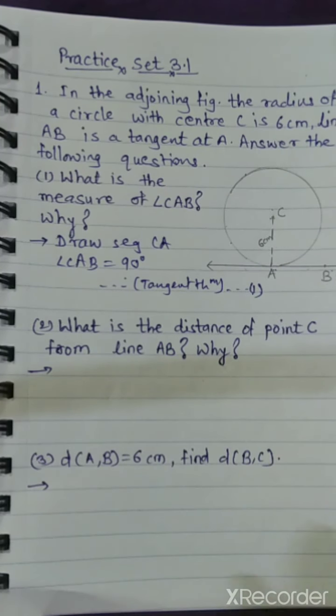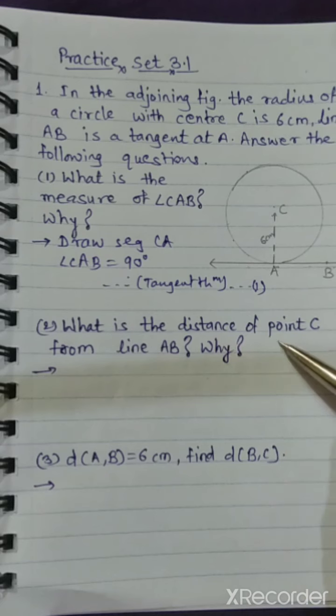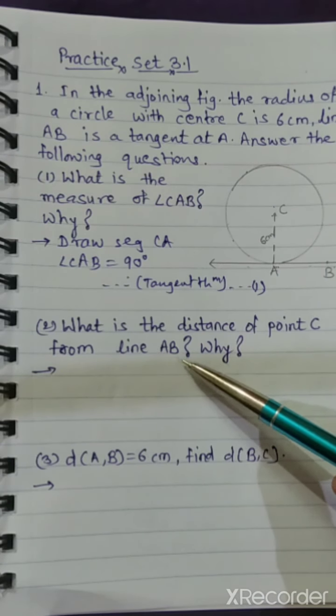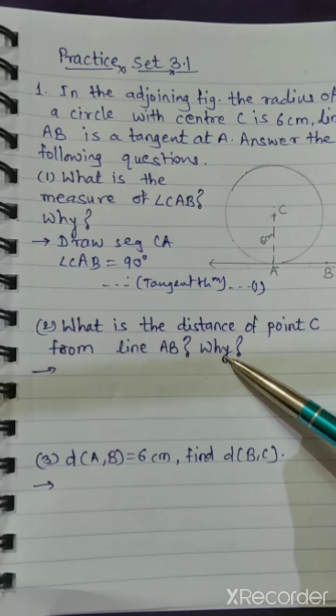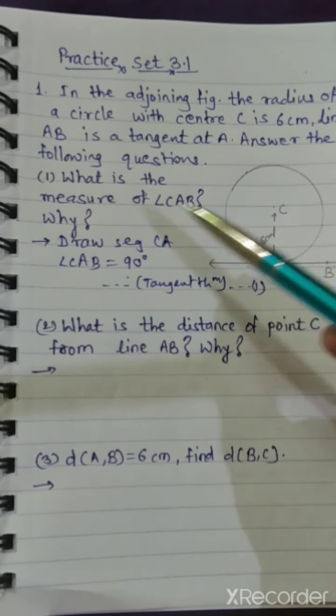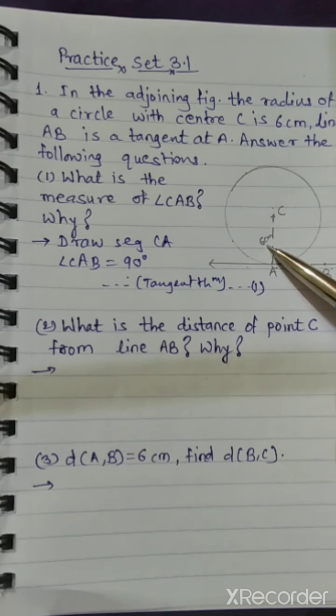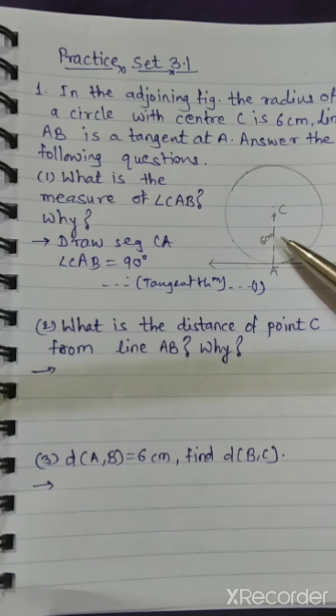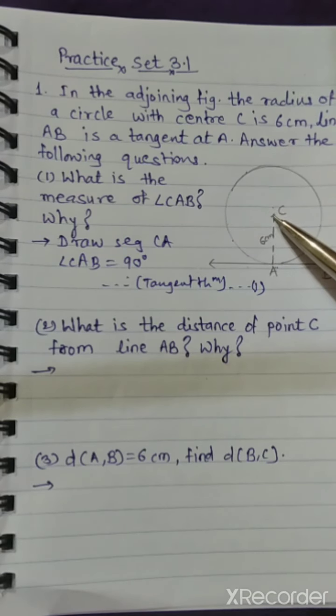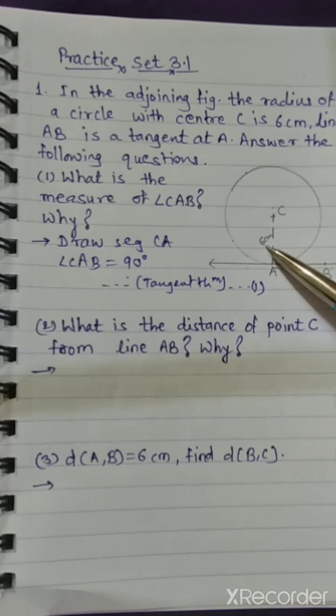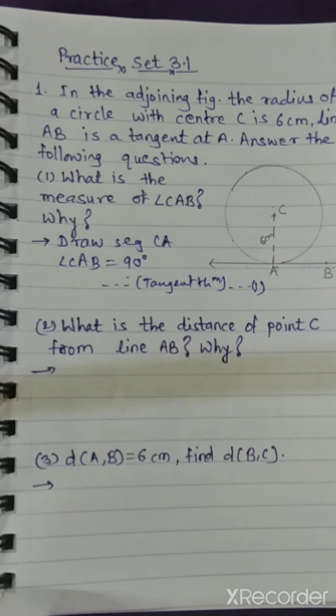Now, second sum. What is the distance of point C from line AB and why? Now here you can see this CA distance, that is the radius of the circle, is 6 centimeter. So we can say that point C is at a distance of 6 centimeter from the tangent.